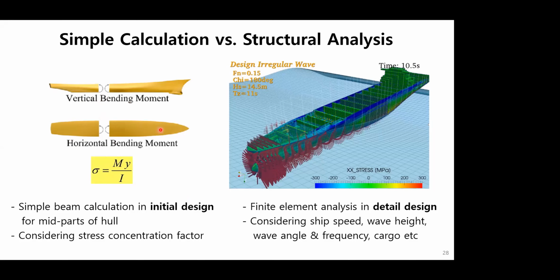However, in later detailed design, we carry out very complicated finite element analysis for evaluation of stresses at every part of the structure. In this detailed analysis, we apply actual variable pressure loadings over the ship outer surface, considering ship speed and variable wave height, wave angle and frequency, and cargo loading inside.